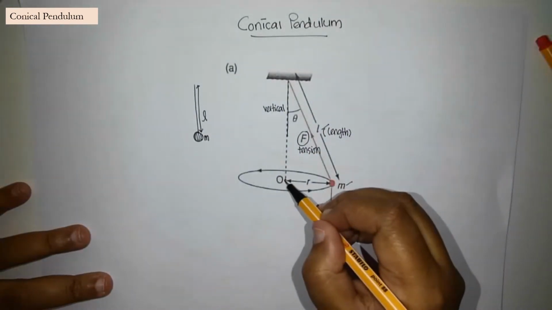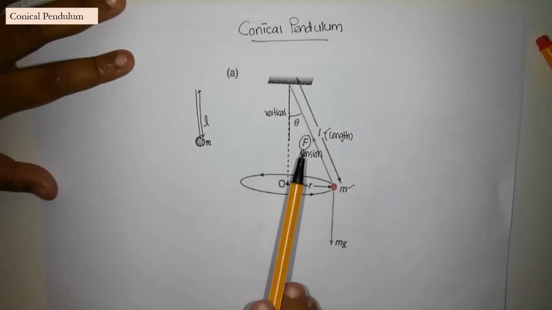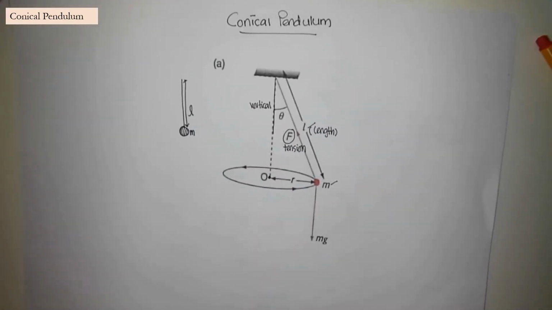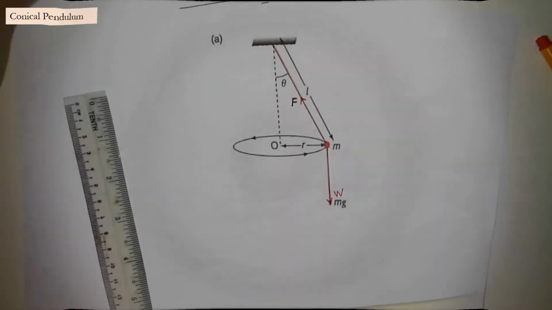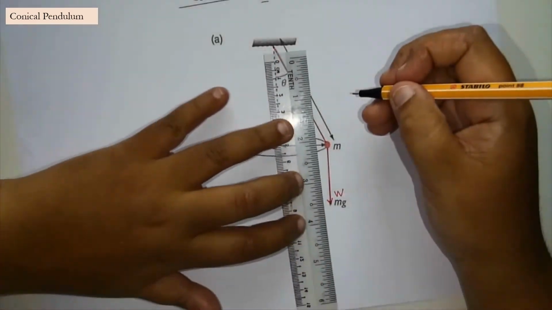So this was the center, and it is whirled around horizontally with an angle of theta. So a conical pendulum is formed. Then we resolve the force.